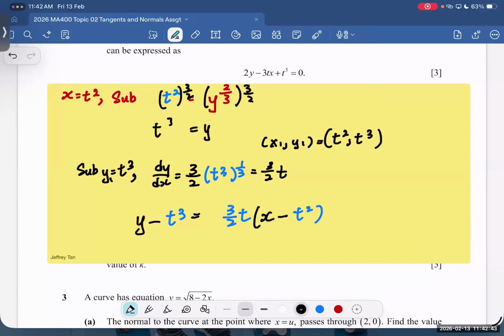I hope you simplify this. Do I need to go some more or let you try yourself? Okay, you will get 2y minus 3tx plus t cubed. Okay, I'm trying to write it.